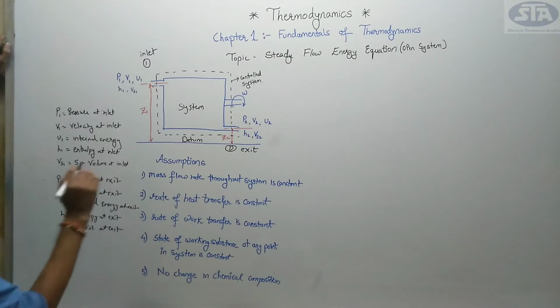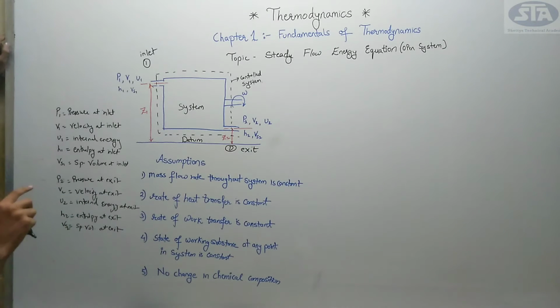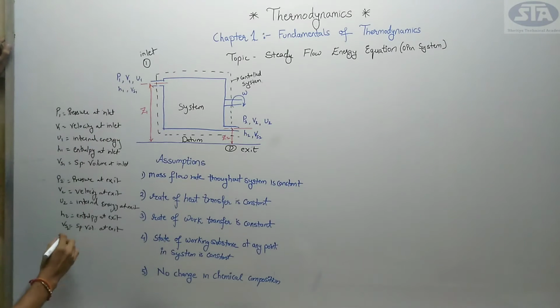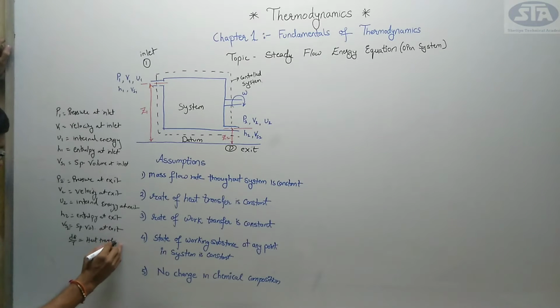Okay. Now there are 2 concepts we have learned in the first law, the transfer of heat and work, right? So what I will write here, dq by T is my heat transfer rate, or rate of heat transfer, and dw by T is my work transfer rate, right?